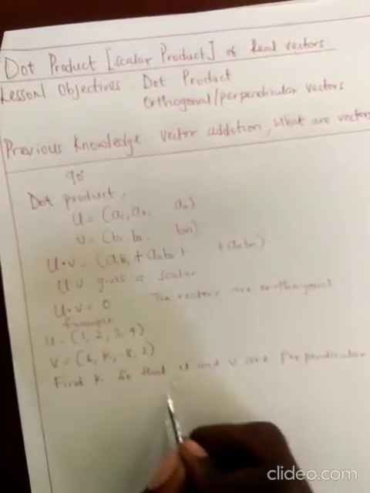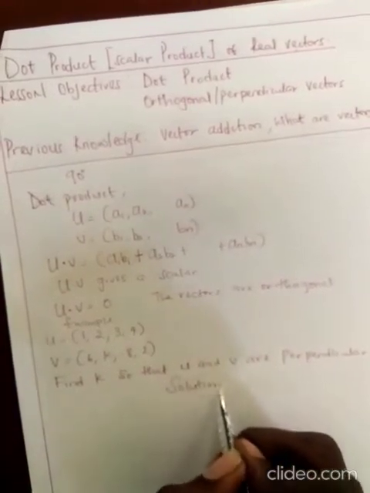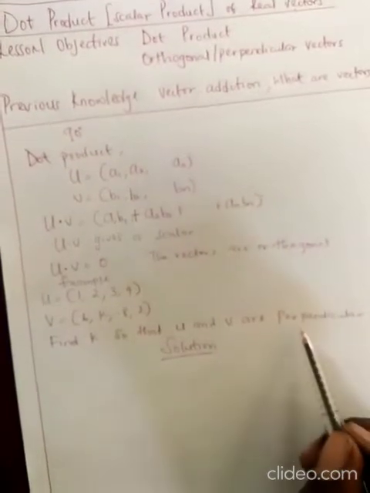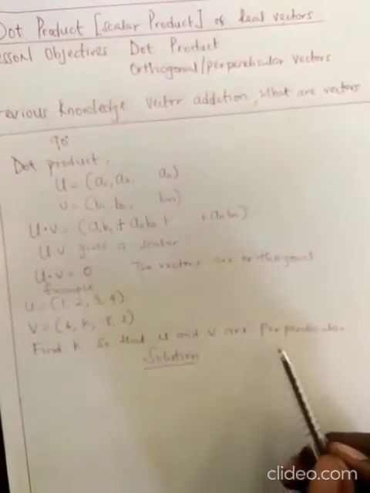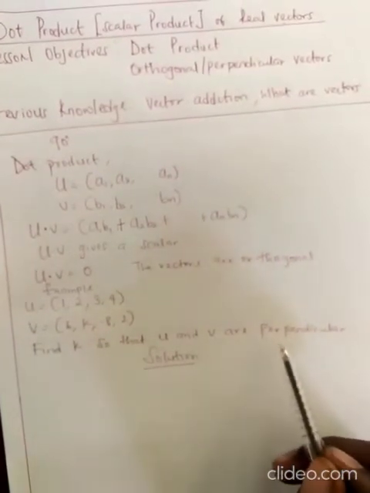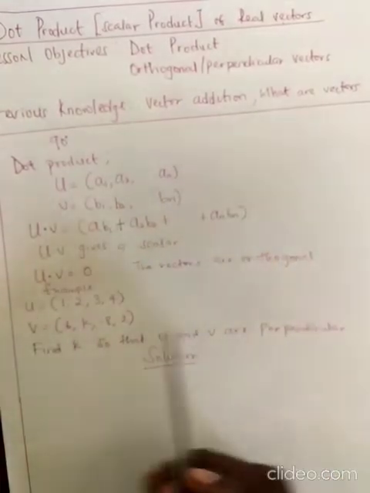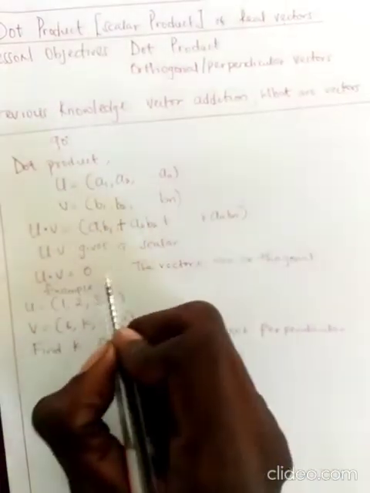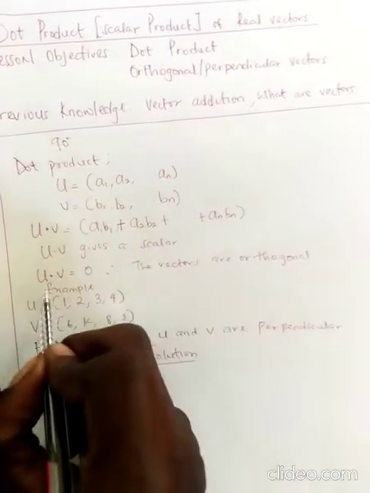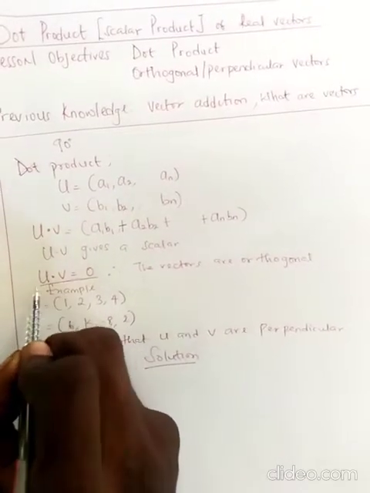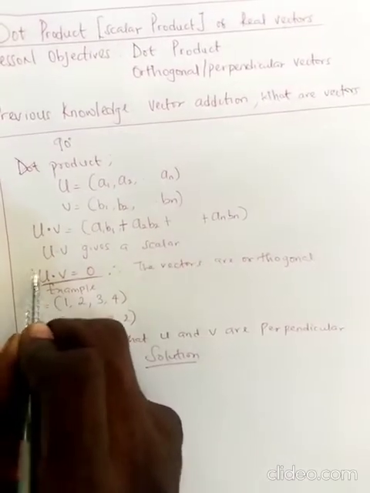So, our solution. The word perpendicular here is synonymous with orthogonal. And we know if two vectors are orthogonal, then their dot product is equal to 0.